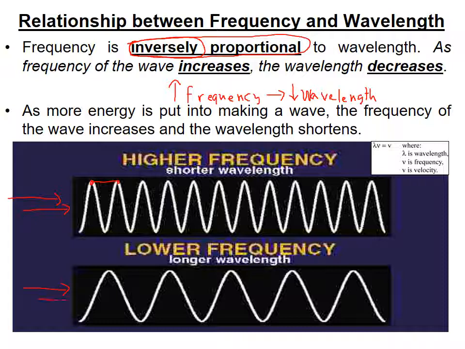This wave here repeats itself much less frequently. It has a lower frequency. Now let's measure the wavelength and compare it to the wavelength above. You can see this is a much larger wavelength than the wavelength above over here. So the higher frequency has a shorter wavelength, the lower frequency has a longer wavelength.